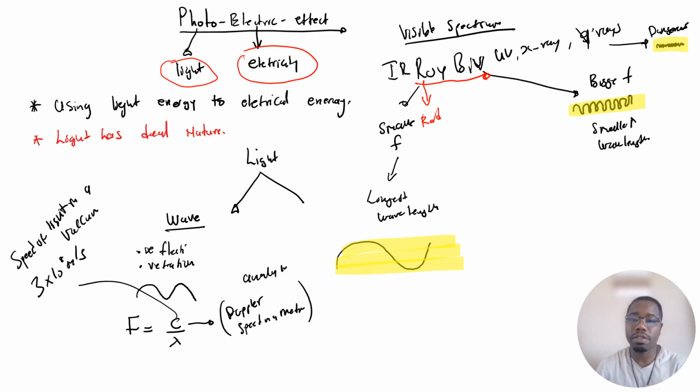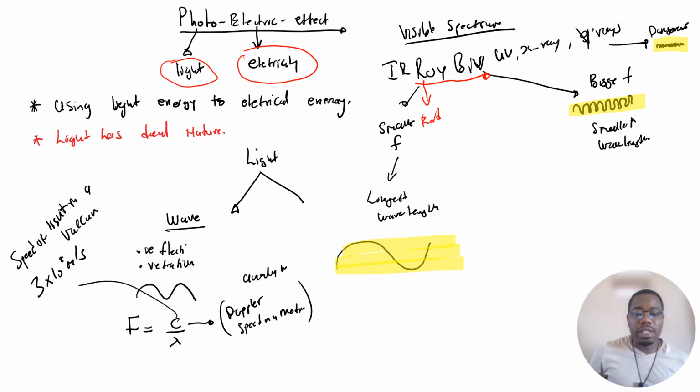We also have on the spectrum the UV light, X-rays, and gamma rays. As you move from left to right, you are increasing the frequency of the light, and as you move from right to left, you are increasing the wavelength of that particular light.